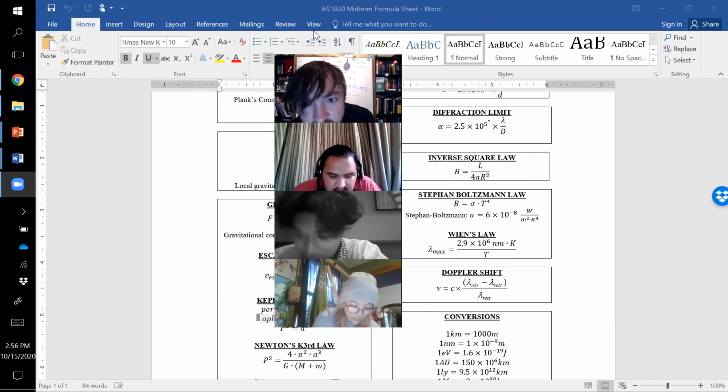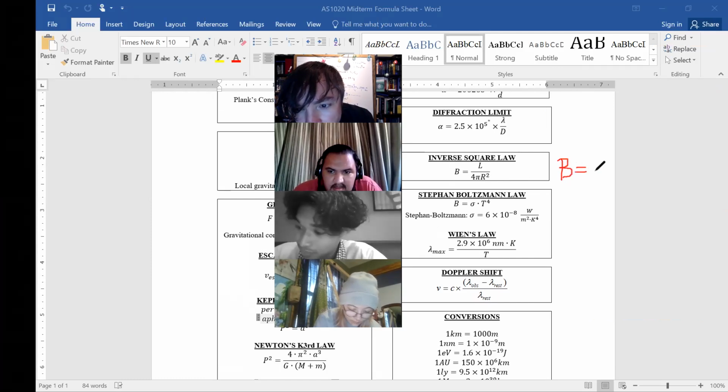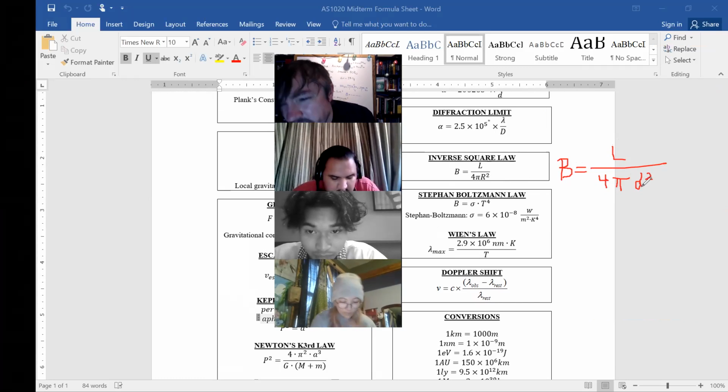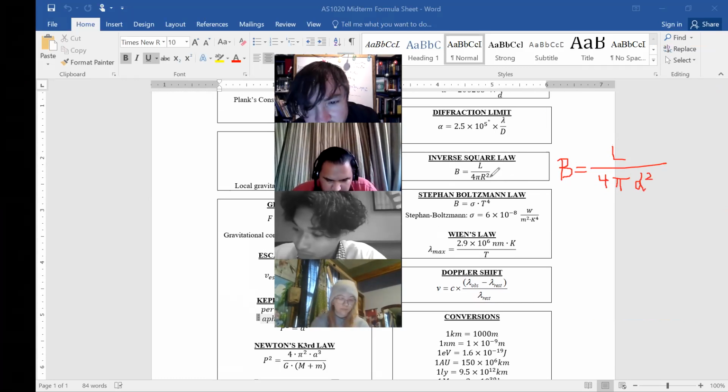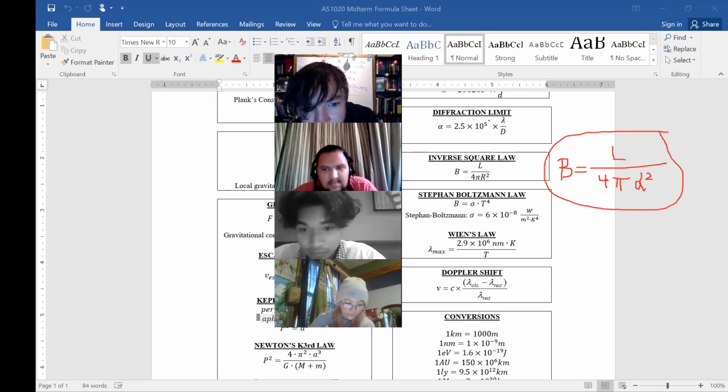The other version is brightness equals luminosity over 4 pi d squared. It's honestly the same thing, but one uses distance. Sorry, my handwriting is bad with the mouse. There's the version that has the radius squared, and there's the version that has the distance squared. That's what you want. Let's see what's going on in the chat window.